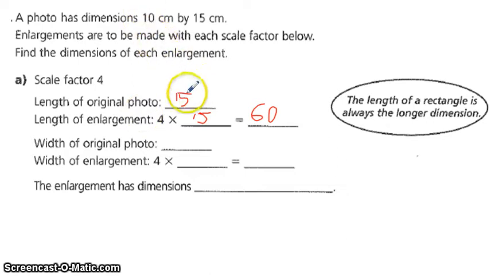It says here 10 centimeters for the width, so we say 10 times 4, and of course that gives us a width of 40 centimeters. So the new size of our photo is going to be 40 centimeters by 60 centimeters. You're increasing it by a scale factor of 4.